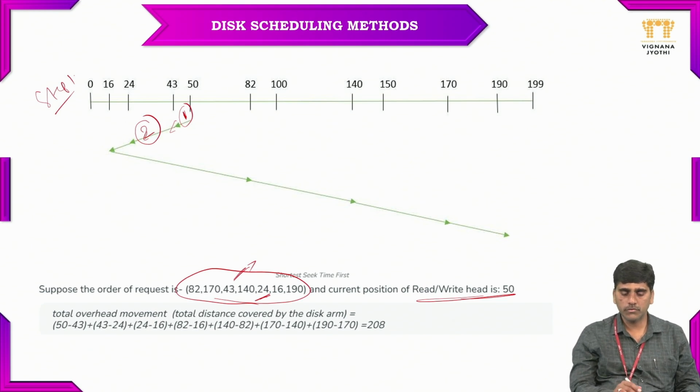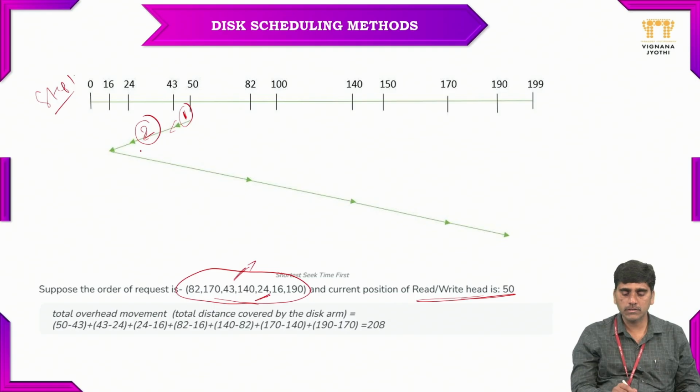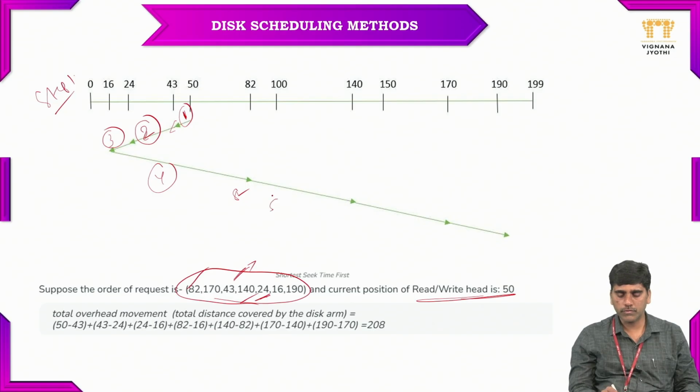The next is 24 to 16. By comparing all of these, you can observe which has the shortest seek time, and 16 has the least, so it moves to 16, the third position. From 16 to 82 is the fourth position, then 82 to 140 is the fifth position.